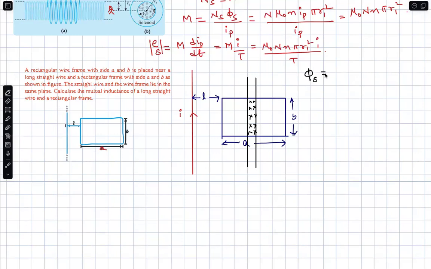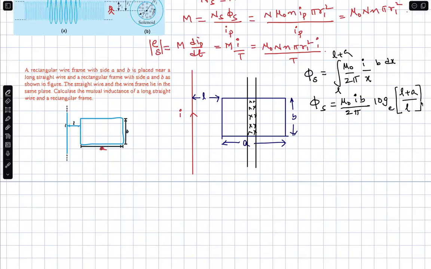Now, flux linked with the secondary is the integral of mu naught by 2 pi, I by x, times B dx, from L to L plus A. Phi secondary is mu naught I B by 2 pi log e of (L plus A) by L. That is the flux linked with the secondary.